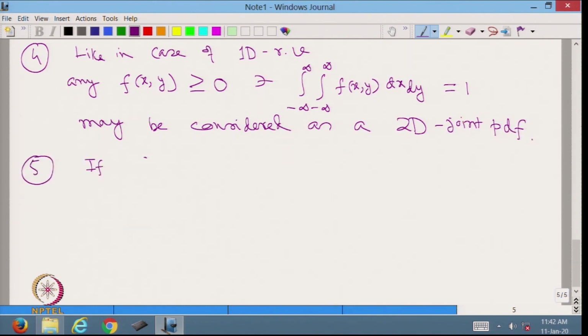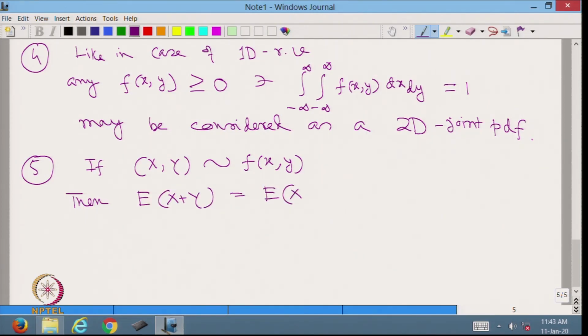If (x,y) is jointly distributed as f(x,y), then the expected value of x plus y is equal to the expected value of x plus the expected value of y.